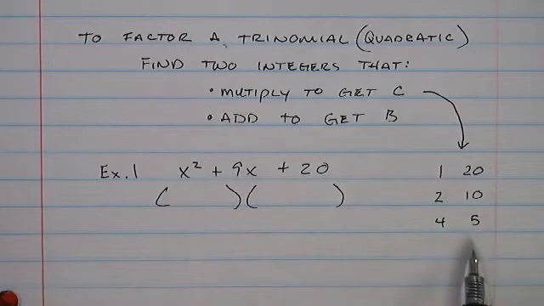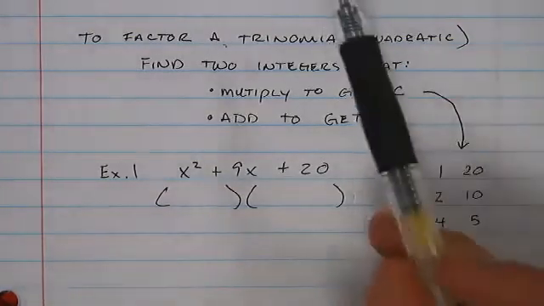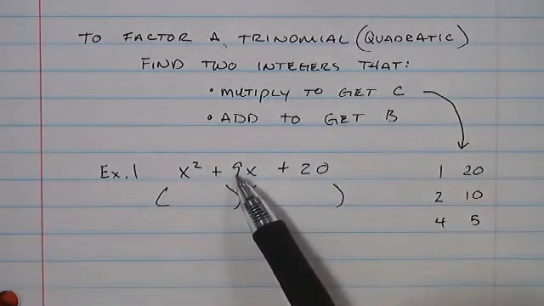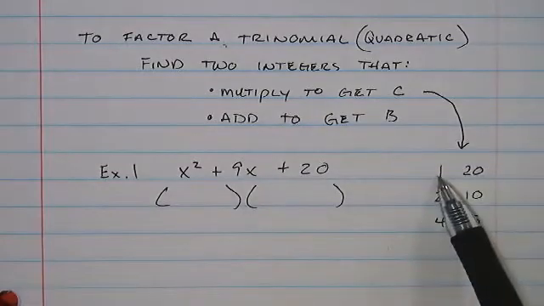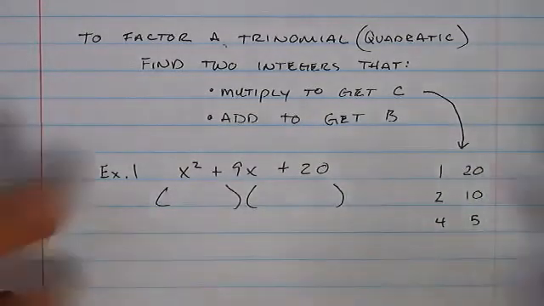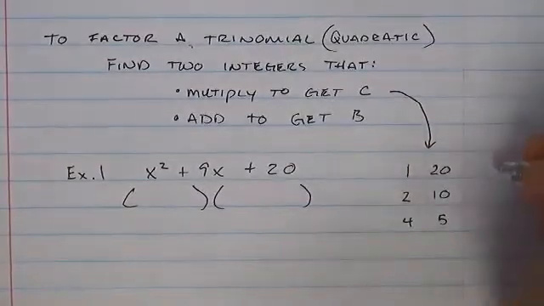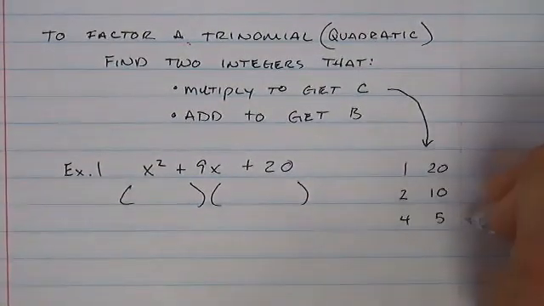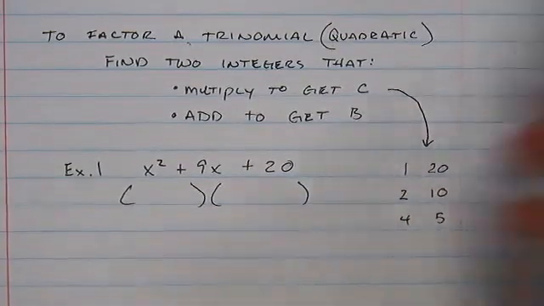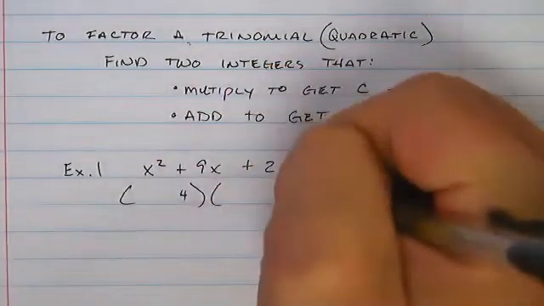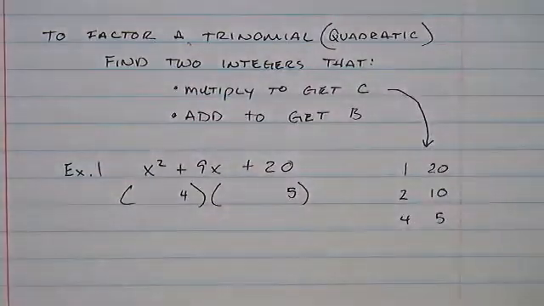The B value in my problem is 9. So I'm looking at the factors and thinking 1 and 20. 1 and 20 is going to give me a 21. This one's a 12, and this one, 9. So I know we have a 4 and a 5. Those are my numbers to go there.